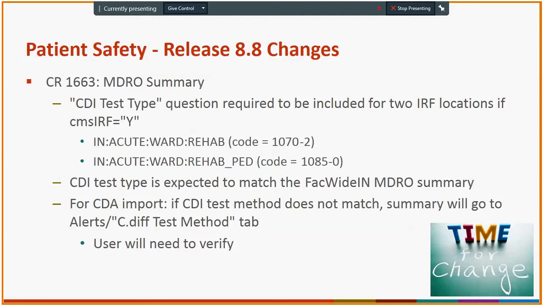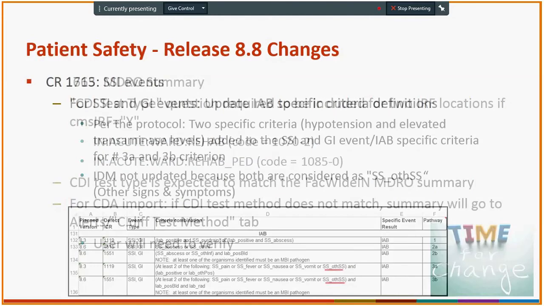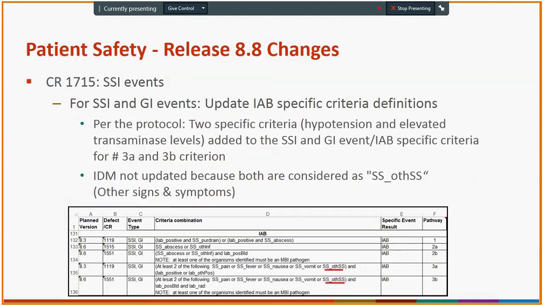For CDA import, if the CDI test method does not match the summary, the CDA will still import. The MDRO summary will be listed on a new alerts tab called Confirm CDA Test Type. The user will need to log in to the application to verify. Next slide.